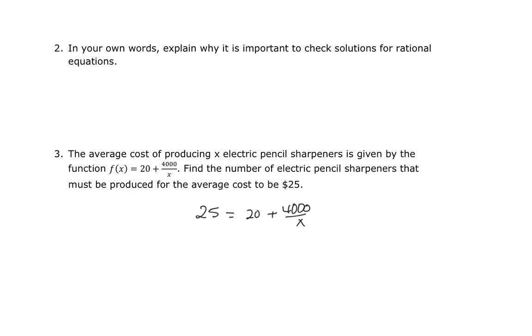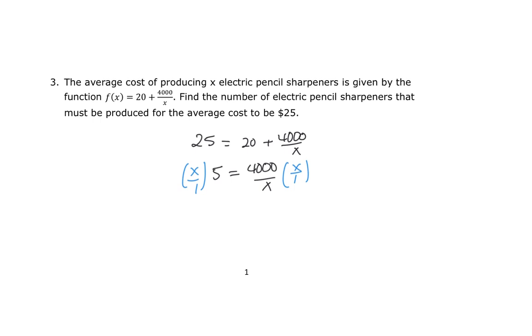I'm going to subtract 20 from both sides, and I'm going to get 5 is equal to 4,000 divided by x. I'm going to multiply both sides by the LCD, which is x over 1. And I end up with 5x is equal to 4,000. Divide both sides by 5, and I get 800.